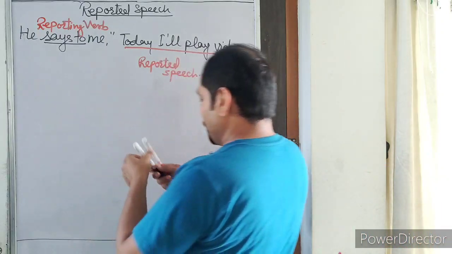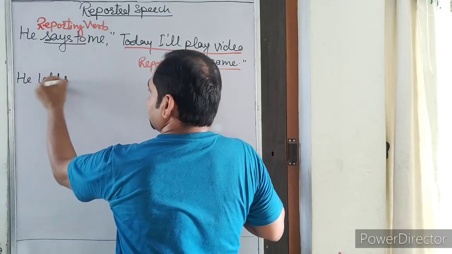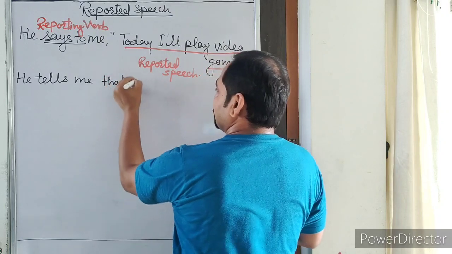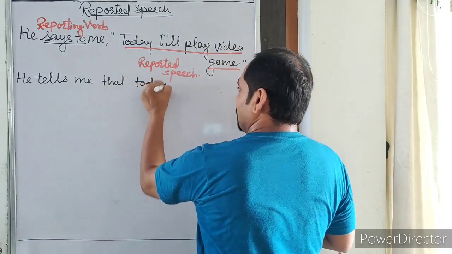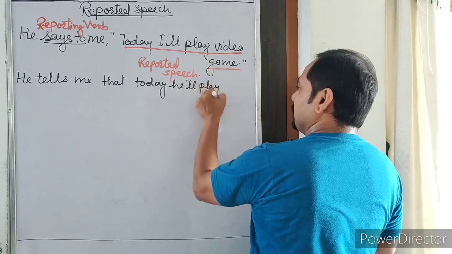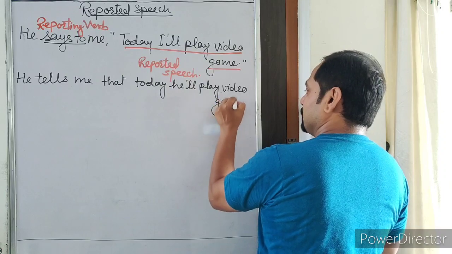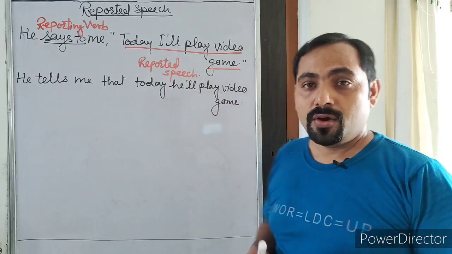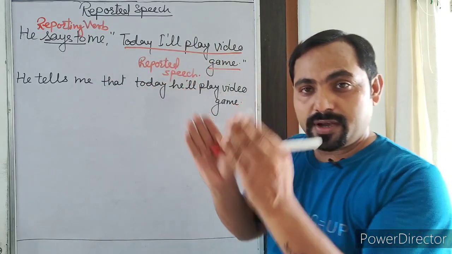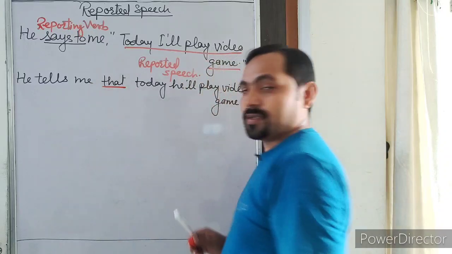So if we solve this question, it becomes, he tells me that today he'll play video game. Okay, we remove the double inverted comma, we also remove this comma, and we connect this. When we connect, we have the conjunction that, right?